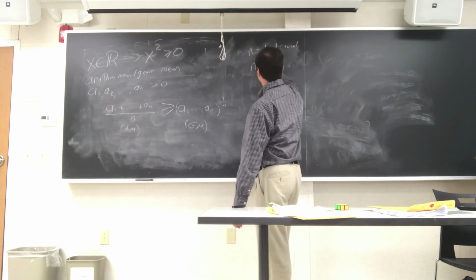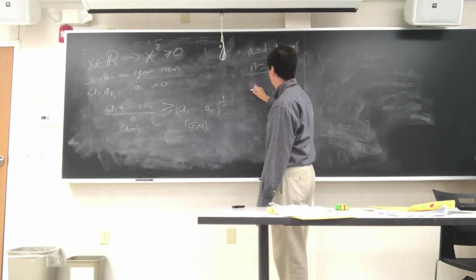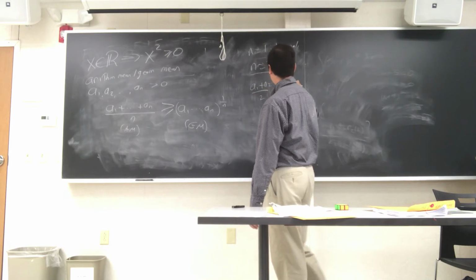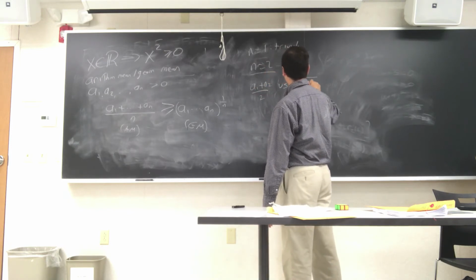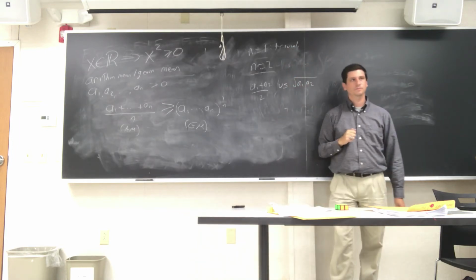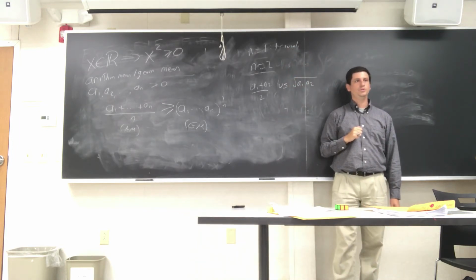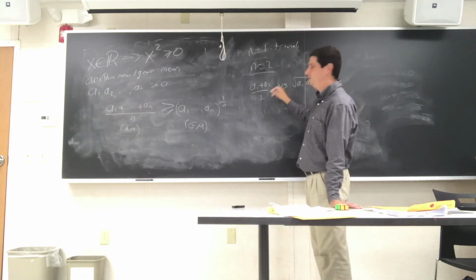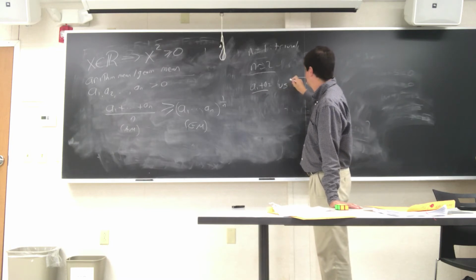But if we try n equals 2, now we've got a1 plus a2 over 2 versus the square root of a1 a2. What should we do to both sides? Square. And in fact, I might even put the 2 over here just to make it a little bit easier.